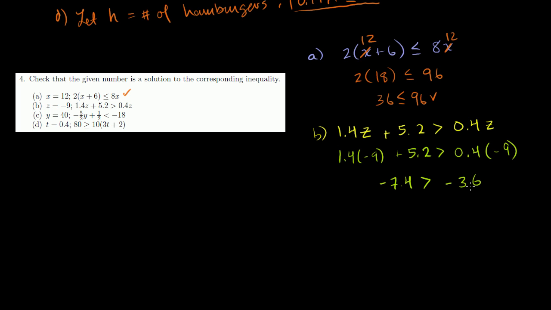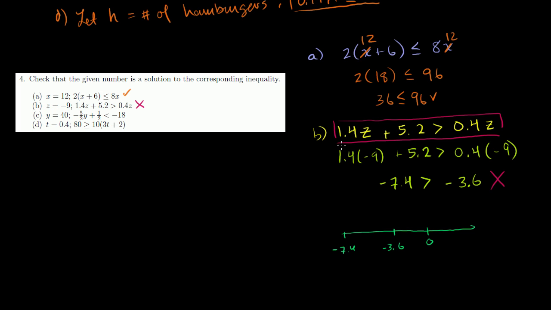And I have one number behind the decimal point. So this is saying negative 7.4 is greater than negative 3.6. This isn't true. If you draw a number line right here, if this is 0, this is negative 3.6. This is negative 7.4. It's less than negative 3.6. So this is not true. That is not true. z equal to negative 9 is not a solution of this inequality. It does not satisfy that inequality.